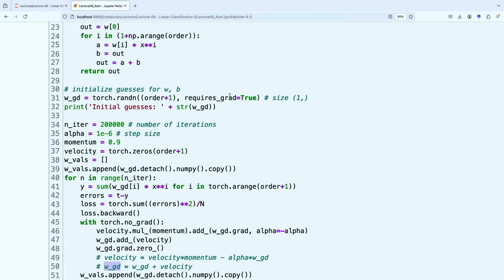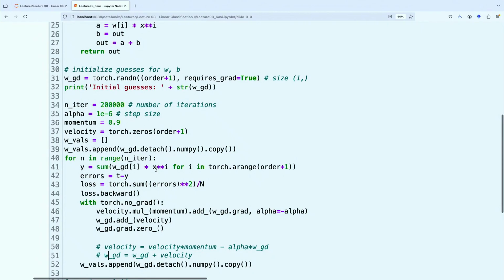In fact, the new data structure is separate from the previous one, right? So if we do this after one iteration, the WGD that we allocated here, that we turned the gradient on for, sort of goes out into the ether and disappears, and PyTorch basically complains that you can't do that.